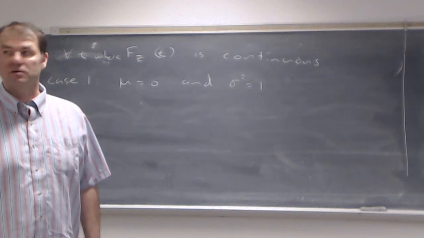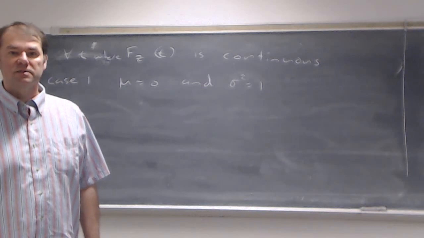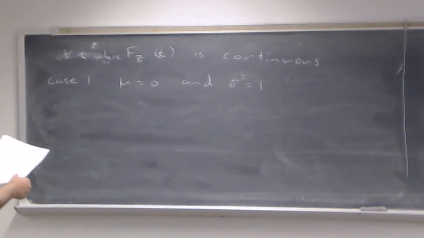What was the moment generating function for the standard normal? Wasn't it e to the t squared over 2, I think?